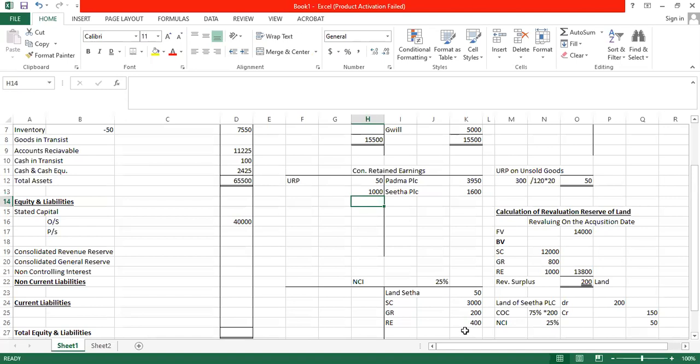So it's already taken. So we can't add that again here, right? So we have to remove that part from your consolidated retained earnings. It is in both these accounts, right? 25% in non-controlling interest, 75% in cost of control. So you have to remove that 1,000 from this part.